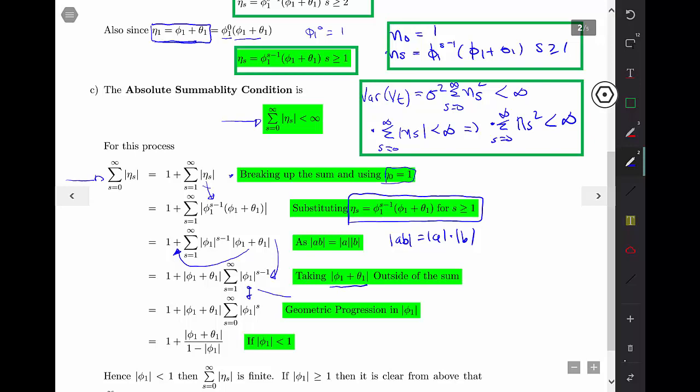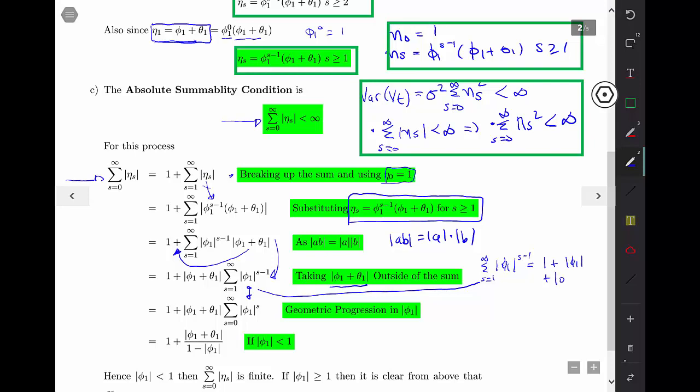To see that, write out the sum from s equals 1 to infinity. If you're not sure about these things, just write them out longhand and see what happens. At s equals 1, we get the absolute value of phi 1 to the power naught, which is just 1. Then s equals 2, we get the absolute value to the power 1.